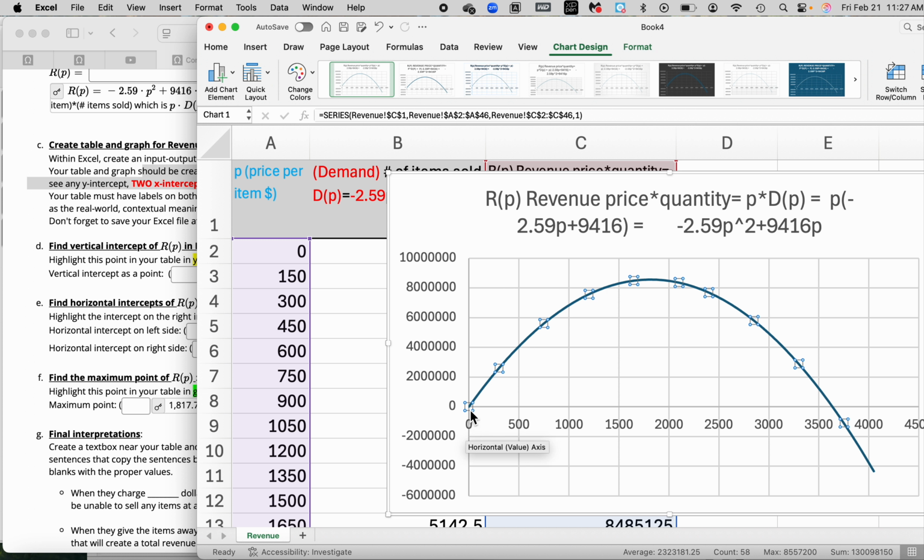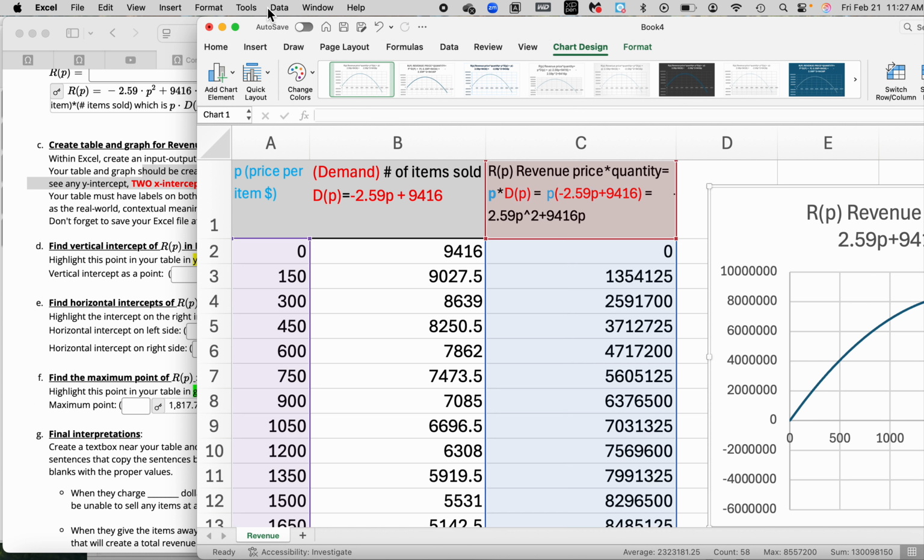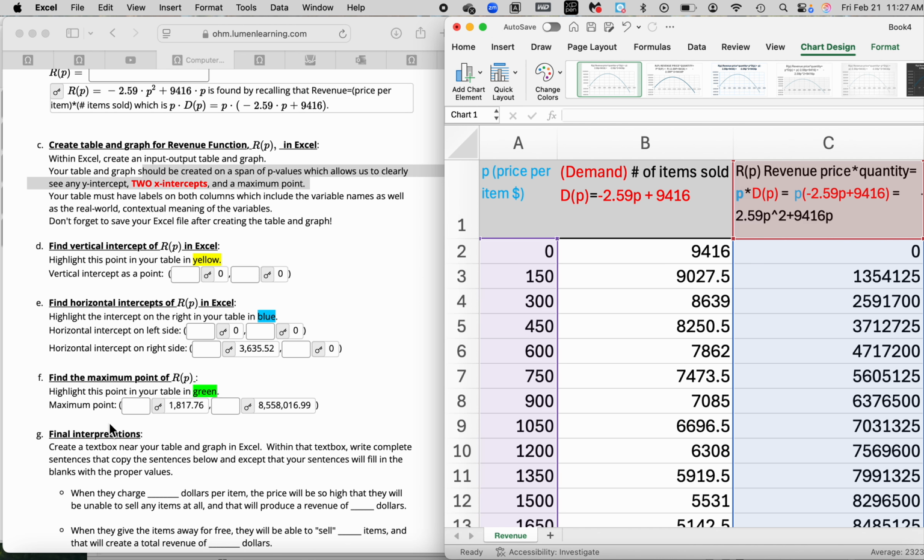Initially, that's all it's asking me about. My first or left-hand intercept is at 0, 0. I come up to a peak here, and then I can see another x-intercept over here, somewhere between $3,500 and $4,000. All right, so I've got that.